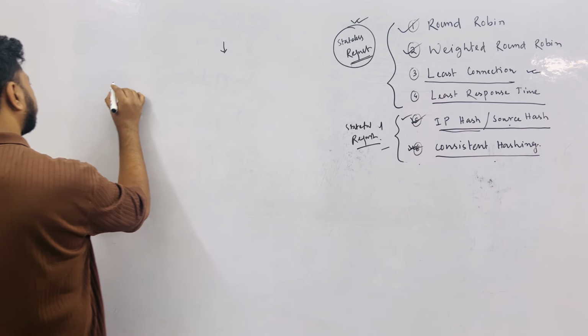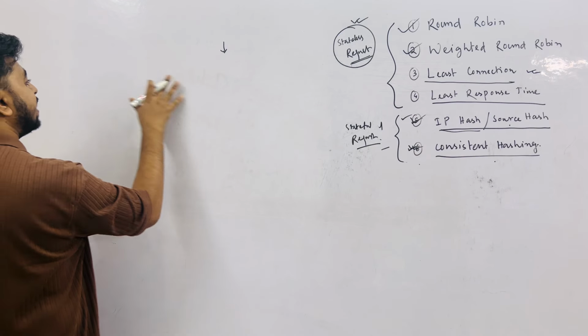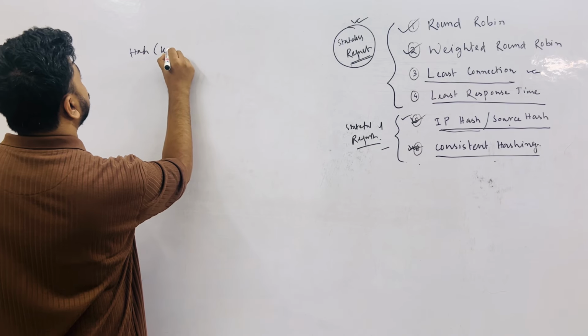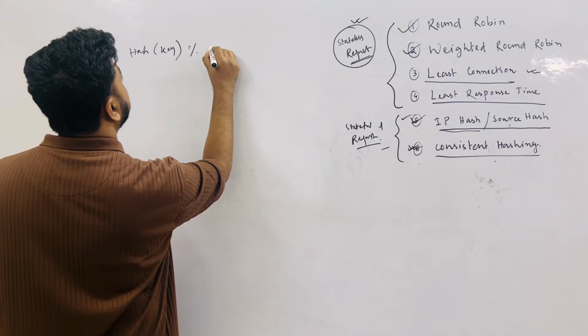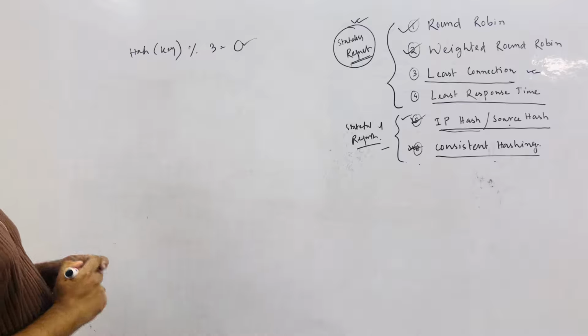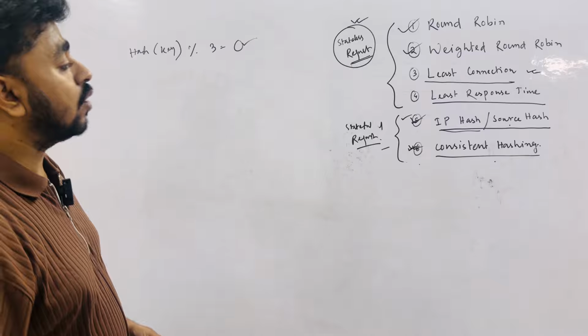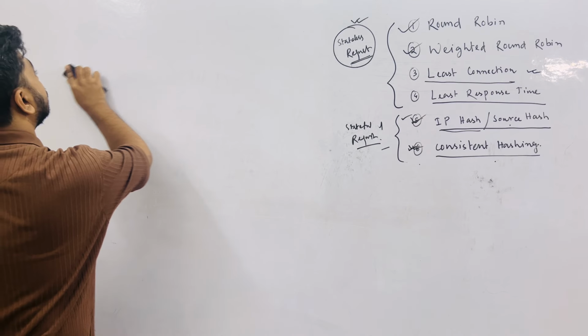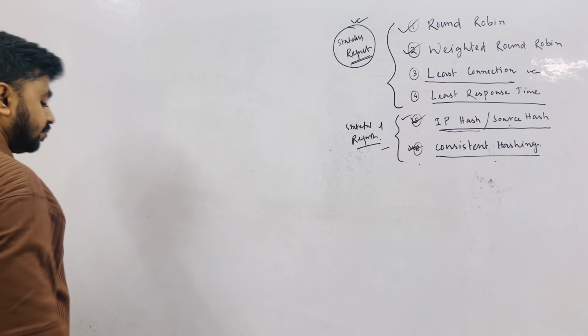Earlier we were doing hash of key, mod of number of servers, and we were getting a number and assigning a server, right, in IP hashing. Now, in consistent hashing, this mechanism is going to change.